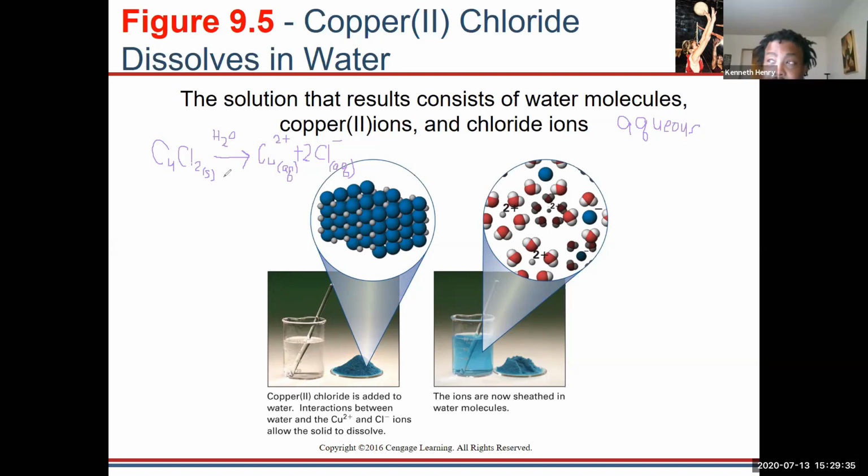Is this an acid? Since I have aqueous here, does that make it an acid? No. Only if you have the combination of that H plus and that aq, okay? Do you guys understand that? Yes.